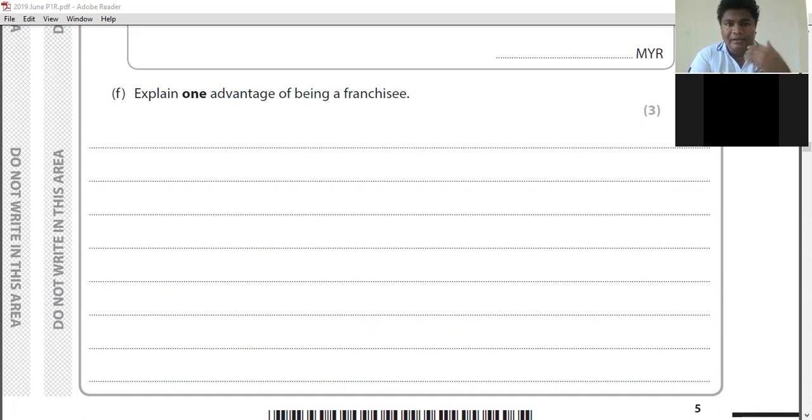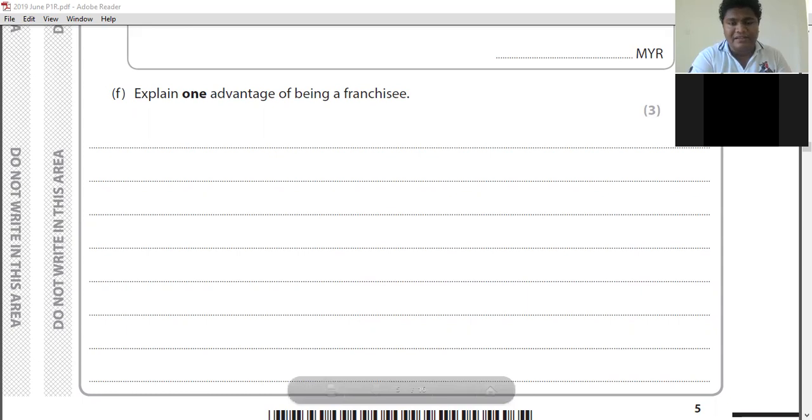You can say franchisees benefit from a tried and tested business. Because of that, the franchisee can get training and other support from the franchisor, which leads to reducing the risk of business failure. Like that, you can give around 3 sentences, using leads to and therefore.